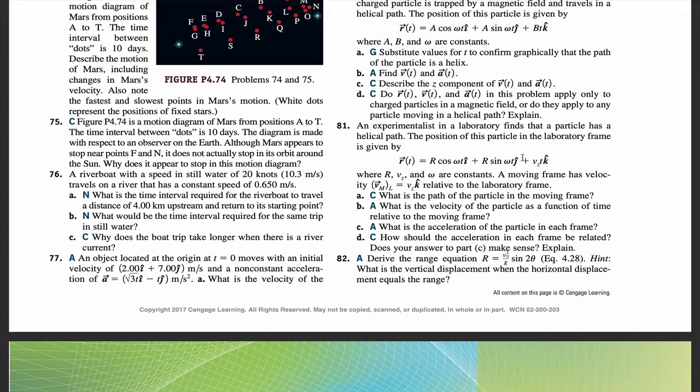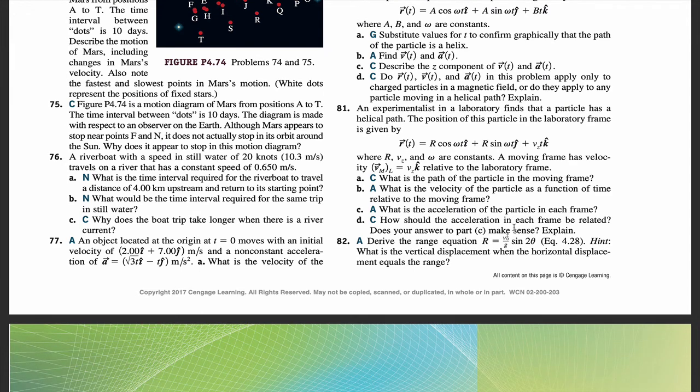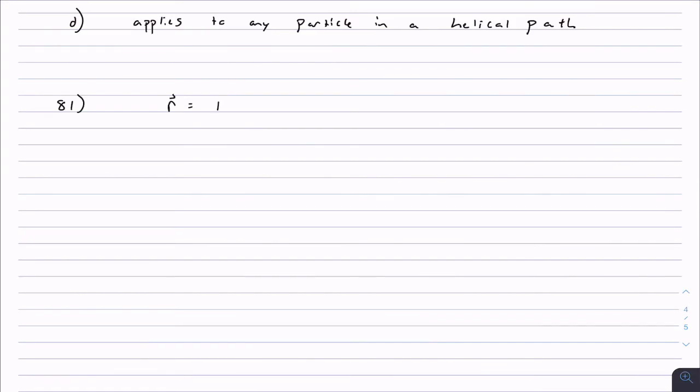So this is a rather challenging problem. I think that we should write down what we know and what is given to us in the abstract as well. So r is equal to big R cosine omega t x hat plus big R sine omega t y hat plus v sub z times t in the z hat direction.